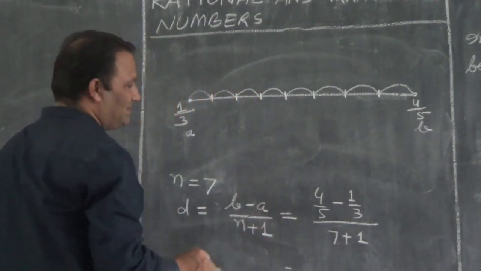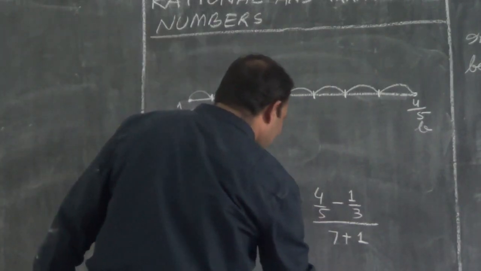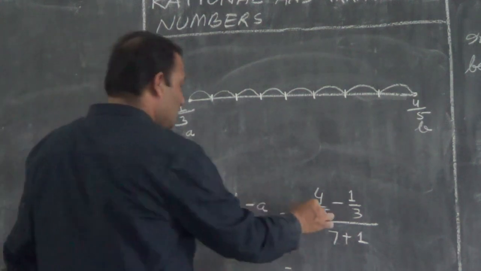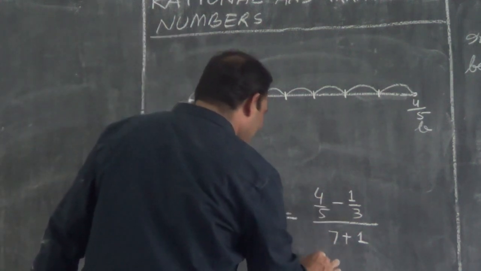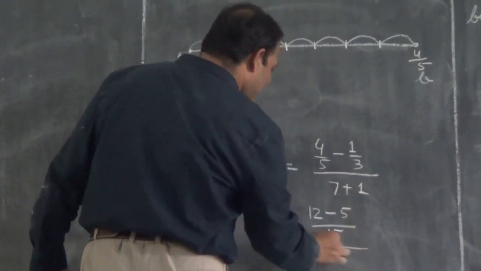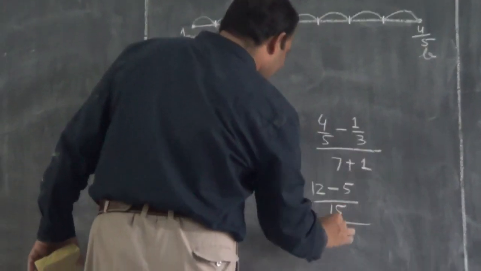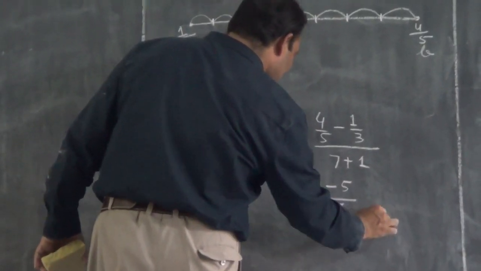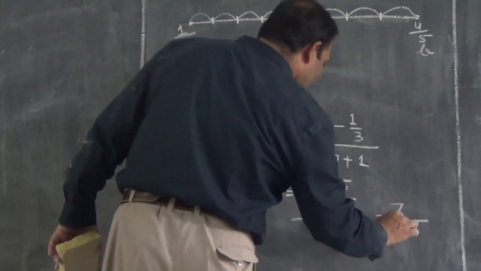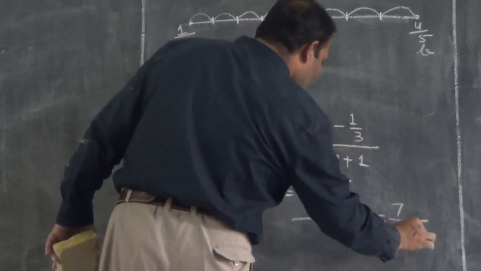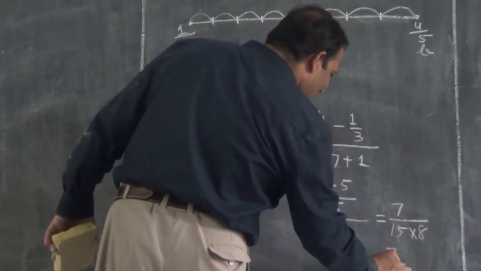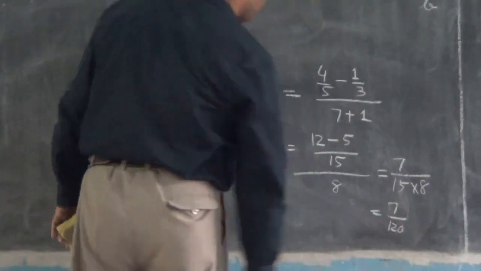The LCM of 5 and 3 is 15. So 5 3s are 15, 4 3s are 12, 3 5s are 15. So 12 minus 5, 7 by 15, and into 8, that equals 7 by 120.